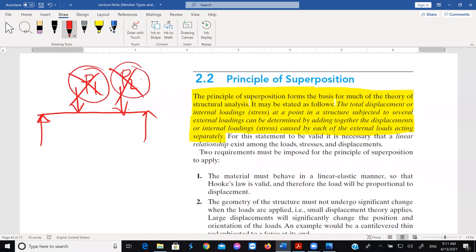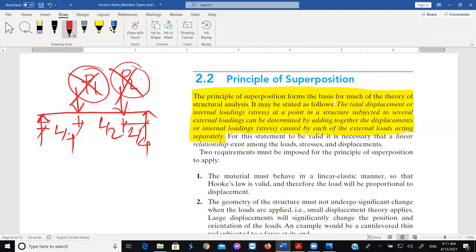So we can have the total impact of both of these forces by applying the P1 force at one time and the P2 force at another instance, and then simply adding the effects of these forces algebraically will give you the total reactions. So what I can say is, for example, if this is L by 4, and also this is L by 4, and that's L by 2, let's say.